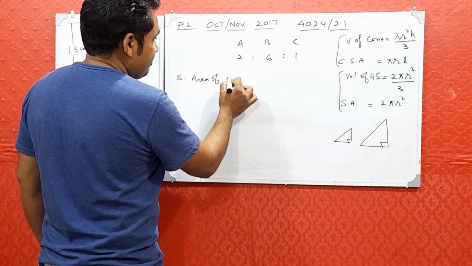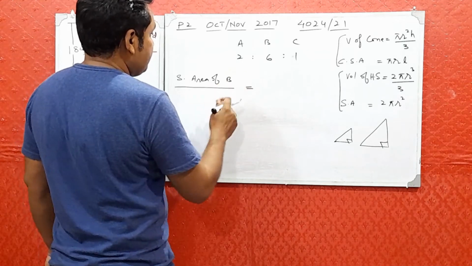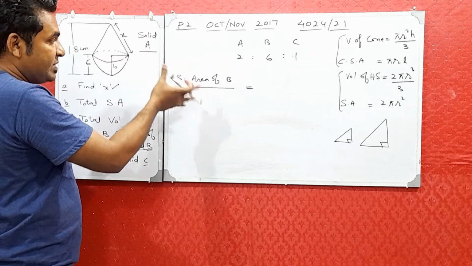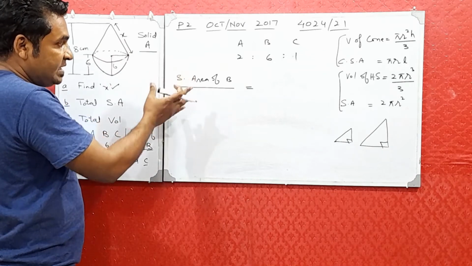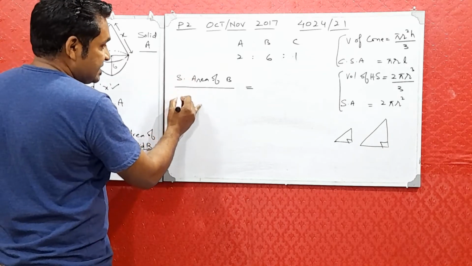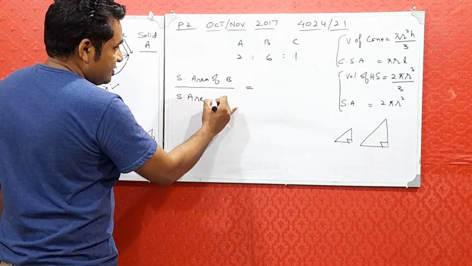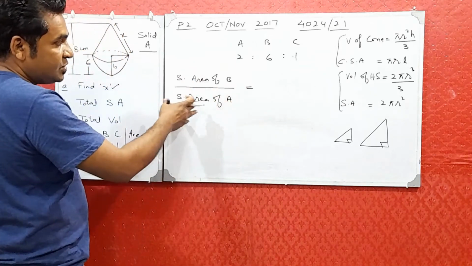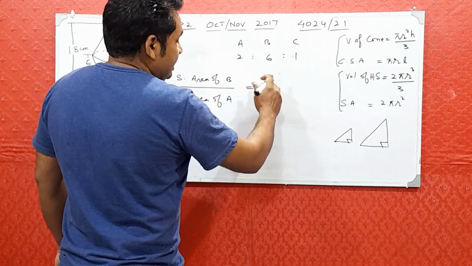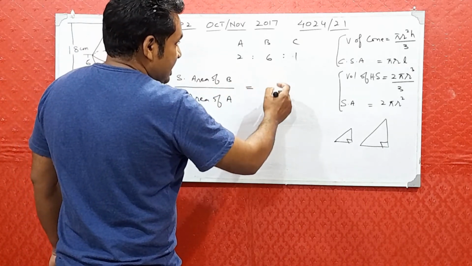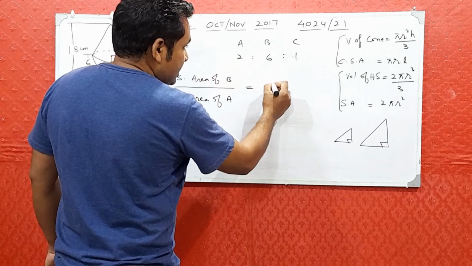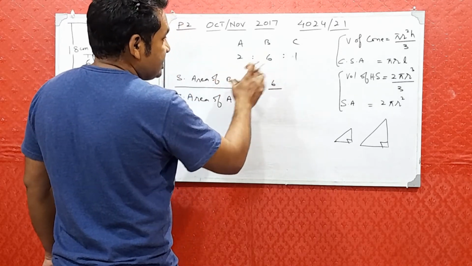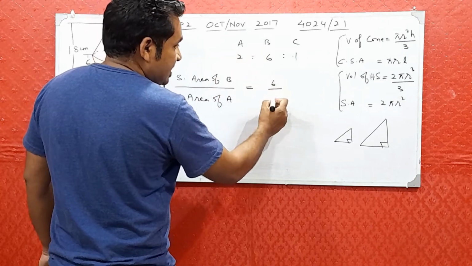So surface area of B over, because we know the surface area of solid A, that's why we are comparing solid B and solid A, surface area of solid A. This ratio is equal to the ratio of their lengths, that is 6 over the height of solid A, which is 2.